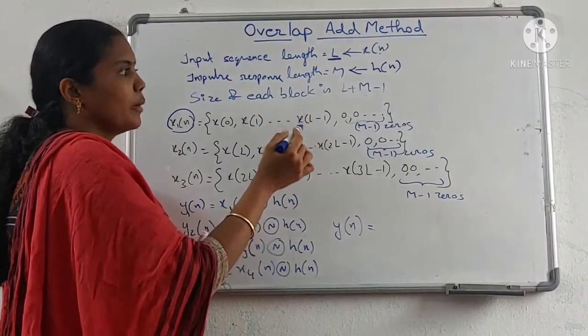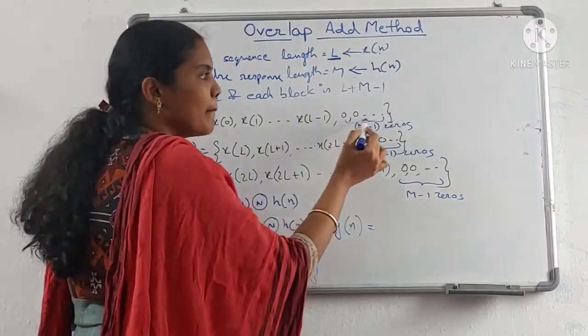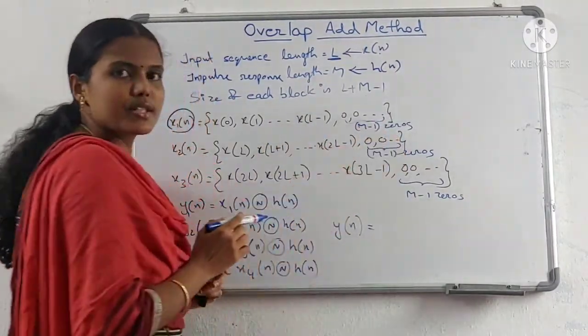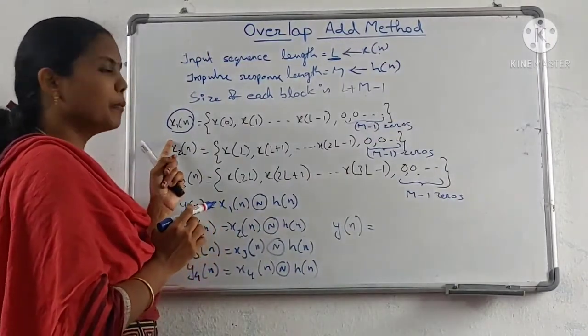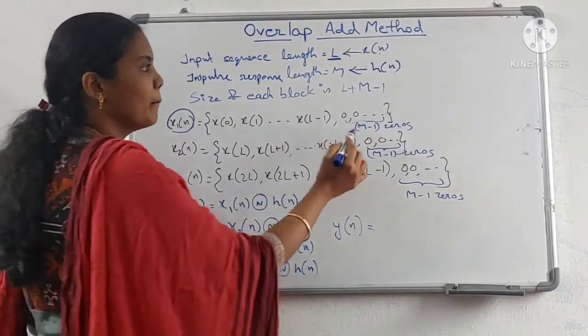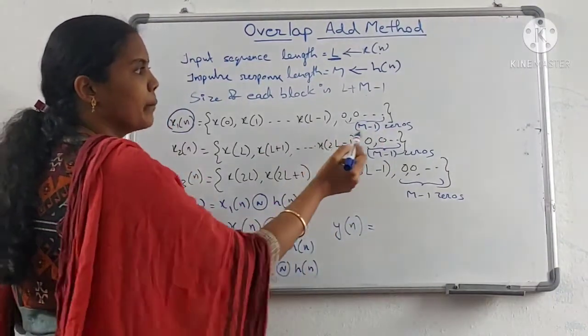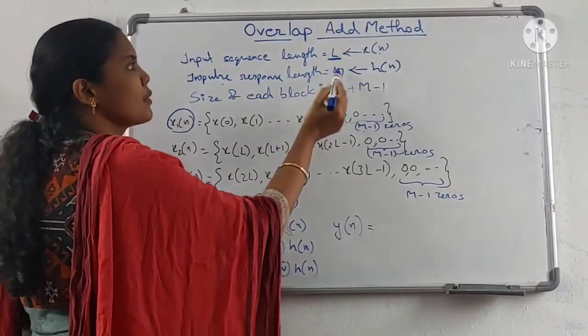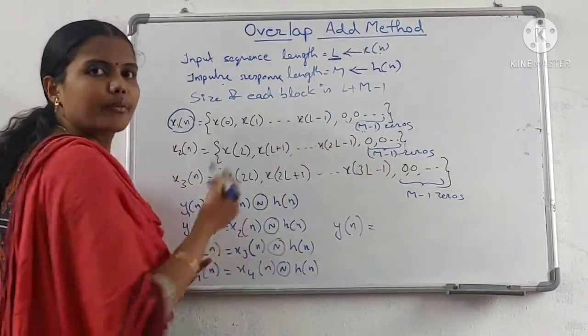Add M minus 1 zeros at the end of x1 of n, where M is the impulse response length.